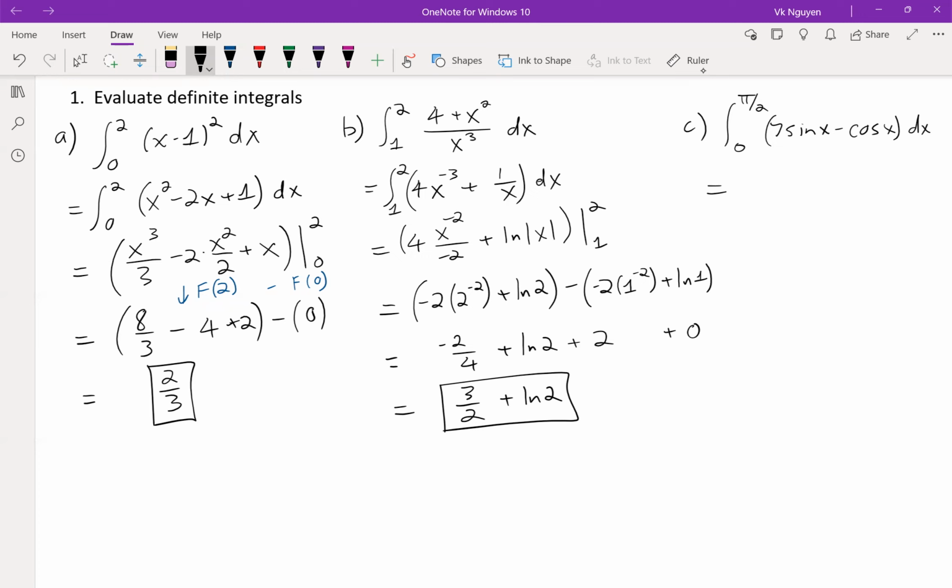The integral of sine is negative cosine, so 7 times minus cosine x. The integral of cosine is sine x. Evaluate this one from 0 to pi/2.